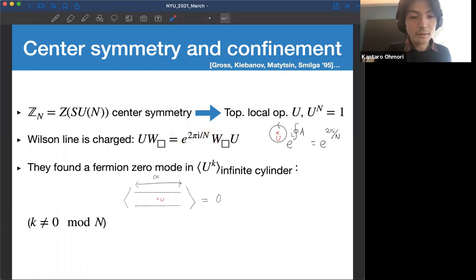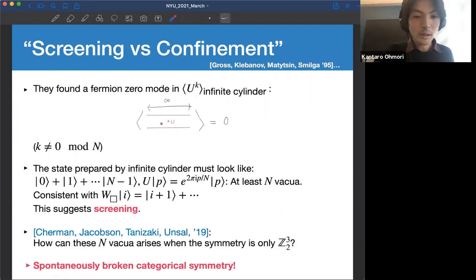They found a fermion zero mode when you consider the correlation function of the k-th power of U on the infinite cylinder. Therefore, U^k on the infinite cylinder gives you 0 when k is non-zero mod N. How can we interpret this?